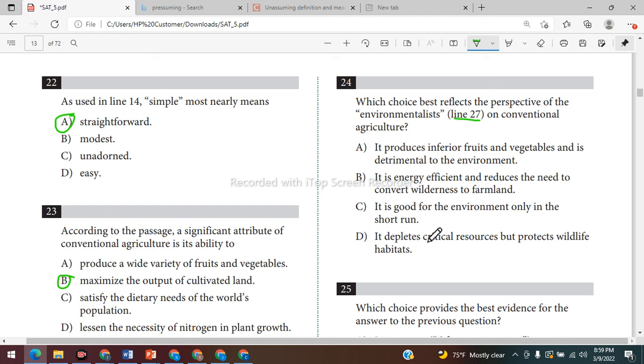So they believe that conventional agriculture is inferior to the organic ones, and they also believe it's bad for the environment. So the correct answer is A. So I was right. Yes, he was right. It's because they believe that it produces inferior fruits. These conventional products using fertilizers are going to be inferior to the organic ones. So it produces inferior fruits and vegetables.